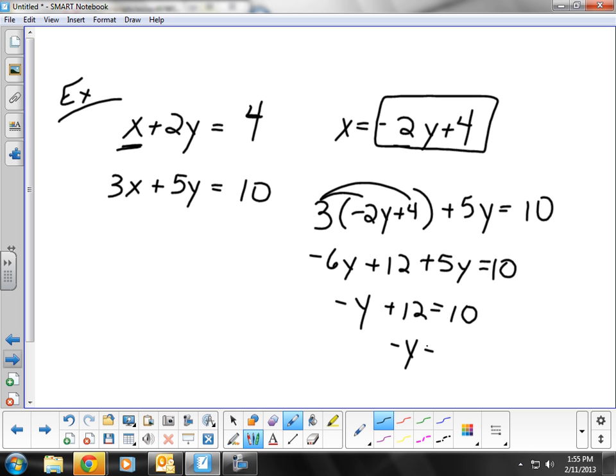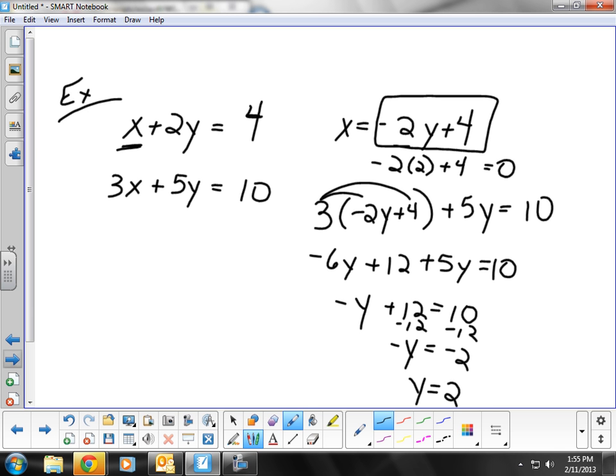So negative y is equal to negative 2. So y is equal to 2. Okay? And then plug it back in. So I get negative 2 times 2 plus 4. So x is actually equal to 0.